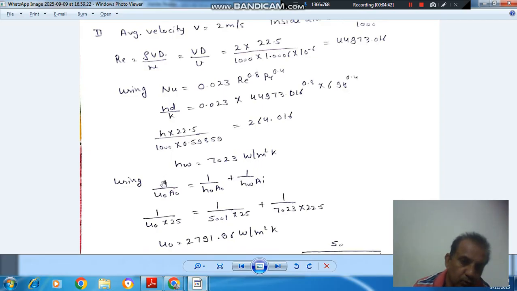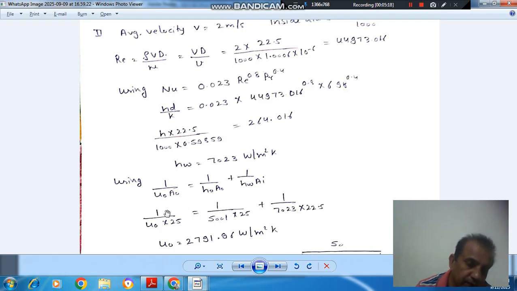So suppose U naught is the overall heat transfer coefficient based on the outer surface area. So it will be 1 by U naught A naught equal to 1 by h naught A naught plus 1 by h_i A_i. A naught means outer surface of the tube, that is related to 25 mm diameter, and A_i is related to inner surface of the tube, that is related to 22.5 mm inside diameter.